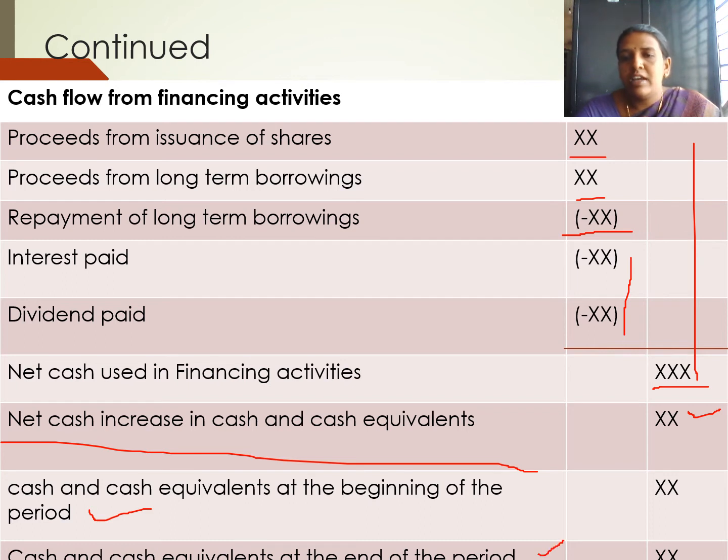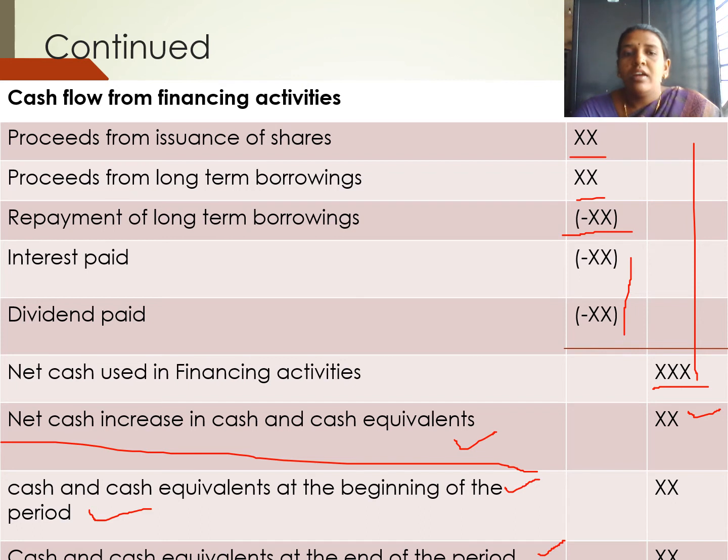This is the amount which we will arrive here by comparing net increase or decrease in cash and cash equivalent with cash and cash equivalent at the beginning of the year.